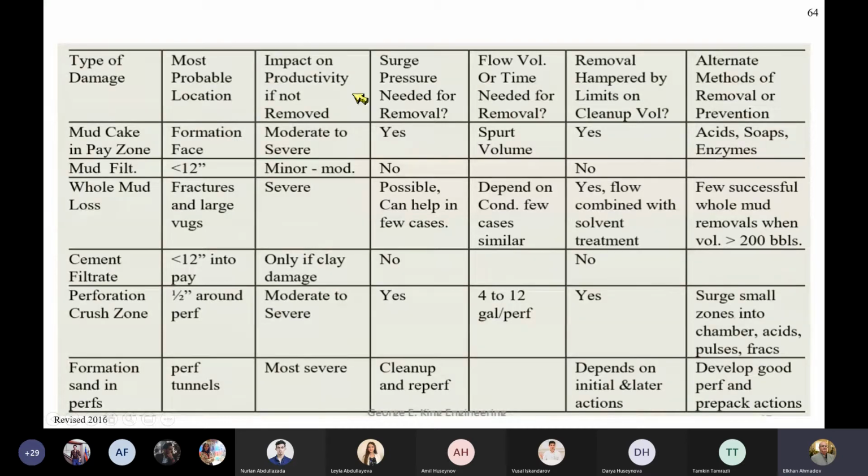And do we need surge pressure? Surge pressure is the pressure that we apply to flow back the well and remove or flow back the solids or any fluids that invaded into the reservoir.